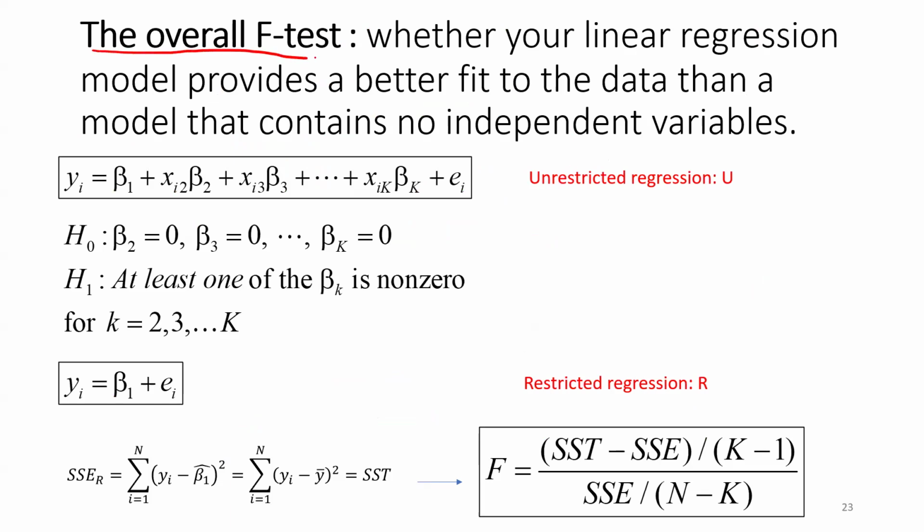Overall F test, which means whether your linear regression model provides a better fit to the data than a model that contains only an intercept, no independent variables. Which means if you did forecast the model, then you would like to know, is this model valid or not?